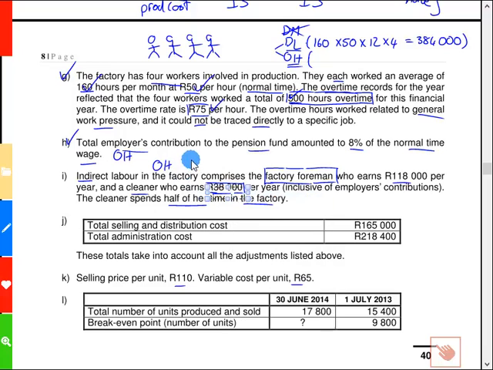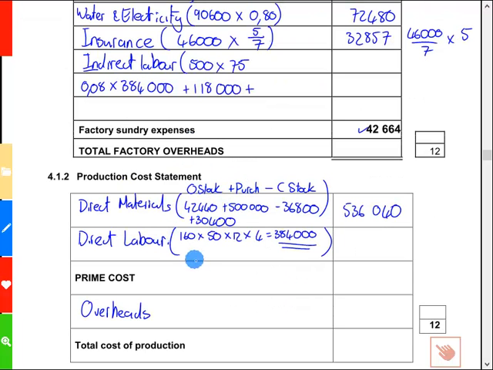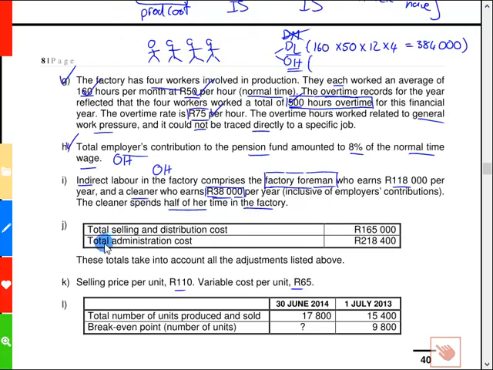Only 50%. The remainder is probably going to go to the admin department. So we need to put 38,000 times 0,5. Great. That is number I, done.